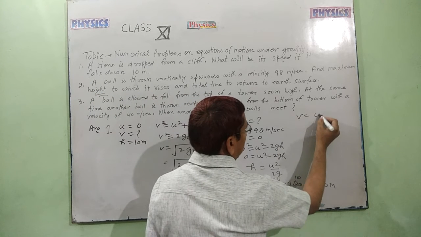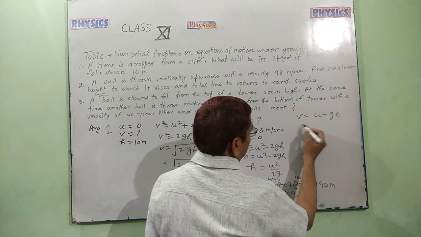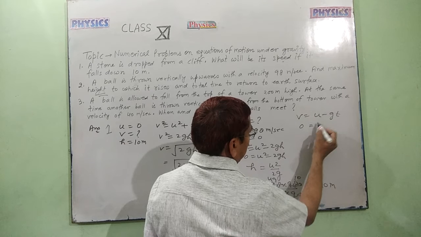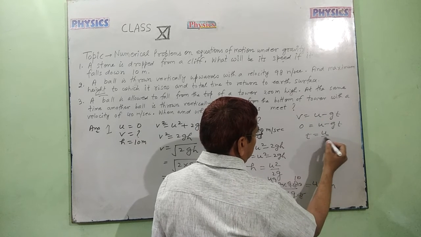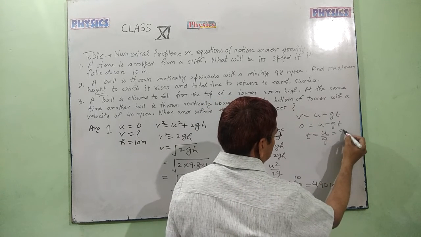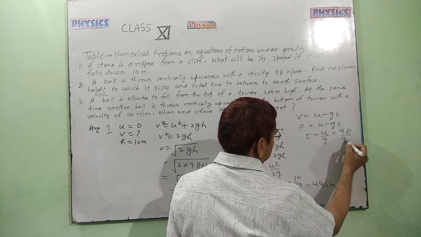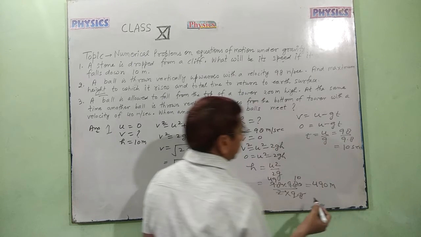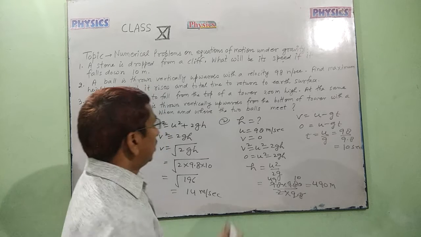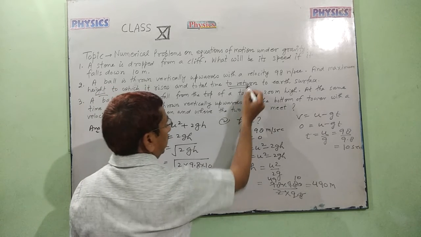It means v is equal to u minus gt, highest point v is 0, u minus gt. So t is equal to u upon g. u is 98, g is 9.8. So this is 10 seconds. But we have to find out the time to return.